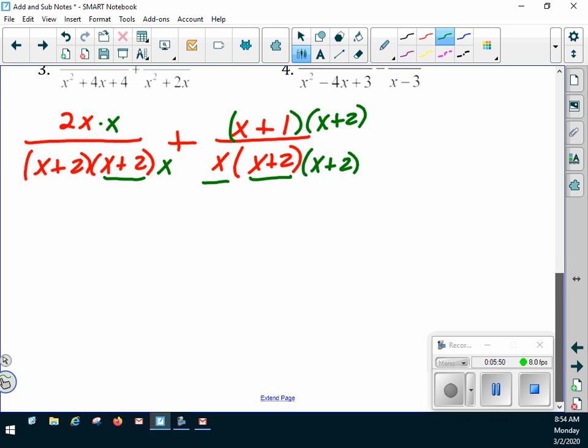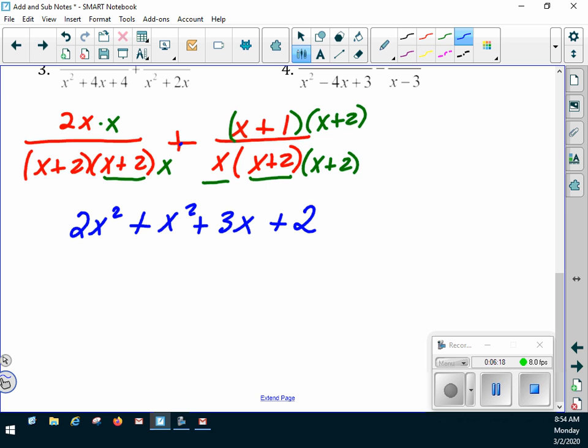All right, now let's see what we got. What's 2x times x? That's 2x squared, plus, multiply this out. X squared plus 2x plus 1x is x squared plus 8x. Now I've got my common denominator.